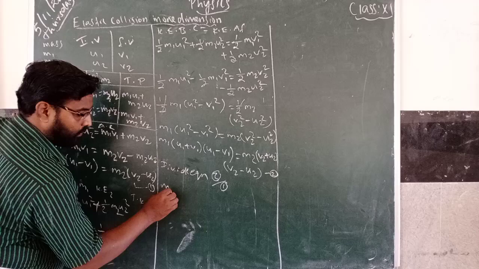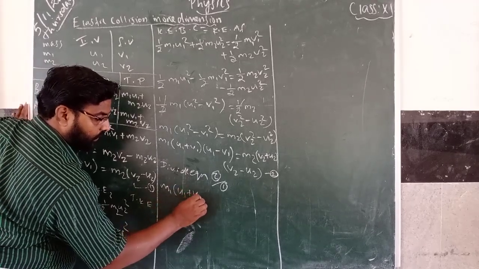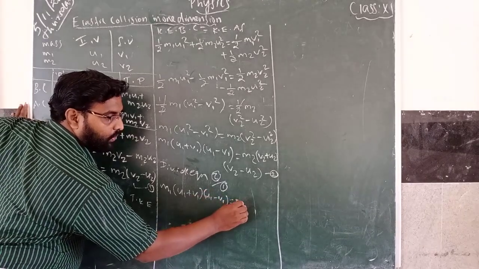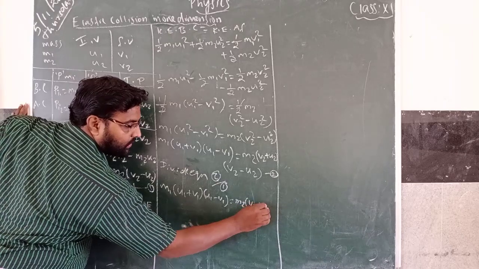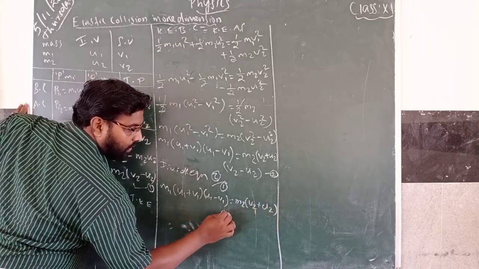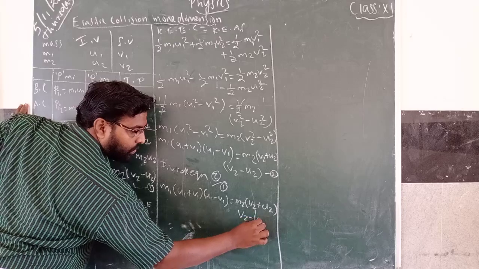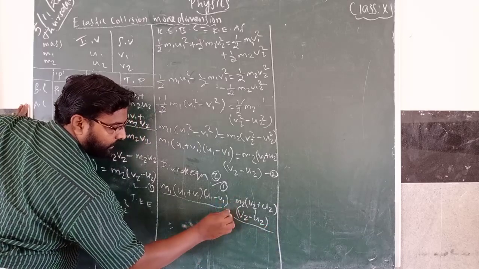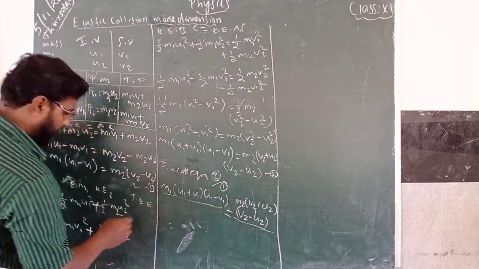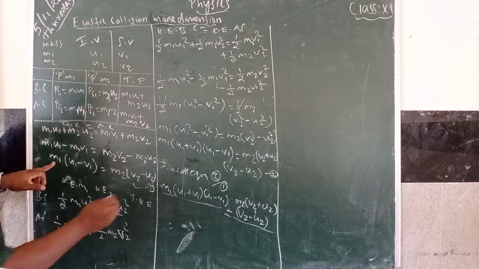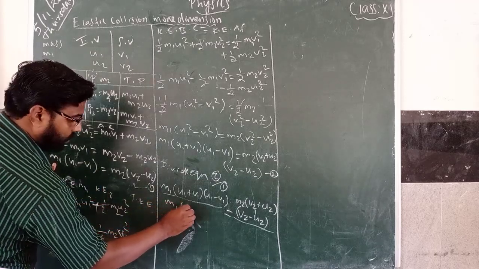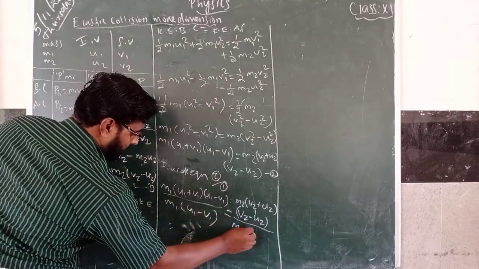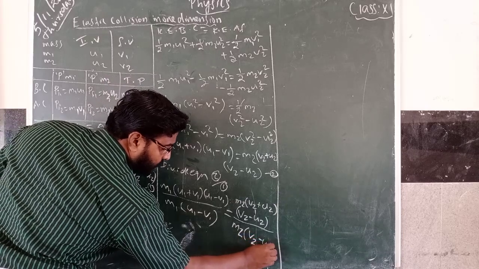What will we get? m1 into u1 plus v1, u1 minus v1 equal to m2 into v2 plus u2, v2 minus u2, divided by equation 1: m1 into u1 minus v1 equals m2 into v2 minus u2.